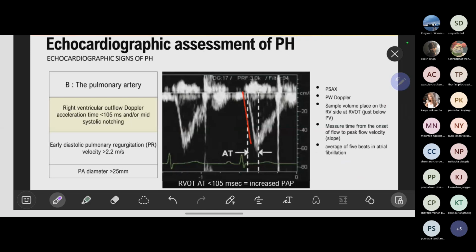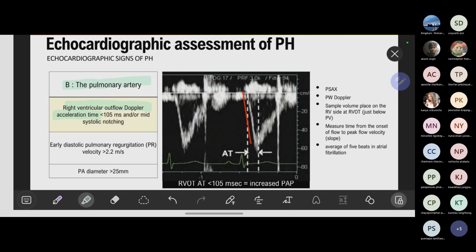Next category is the pulmonary artery. This category consists of three echocardiographic signs. The first one is RVOT acceleration time.